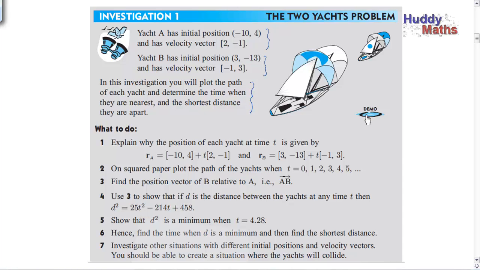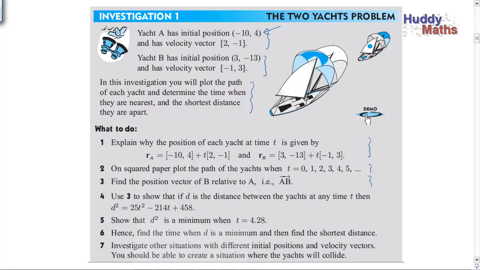The plot of the two yachts is going to be on the Cartesian plane, isn't it? But what we're going to do is try to accommodate that movement, not as y in terms of x on the Cartesian plane, but in terms of the velocity vector. All right, so I want you to pause the presentation and try to do these parts.